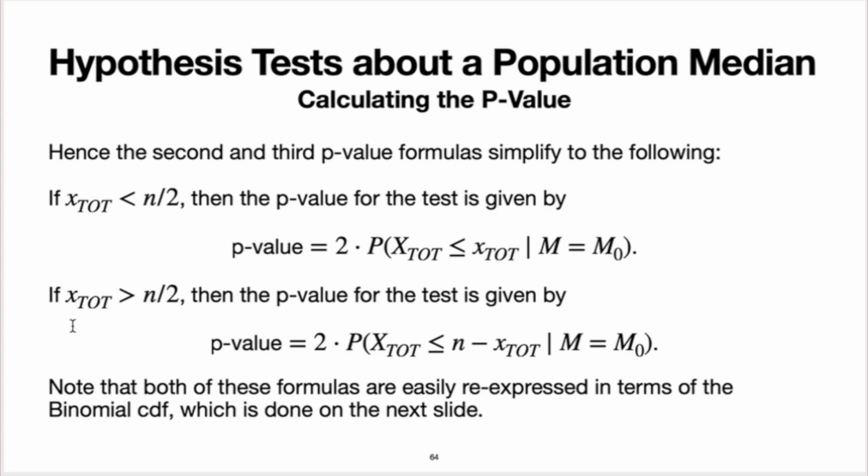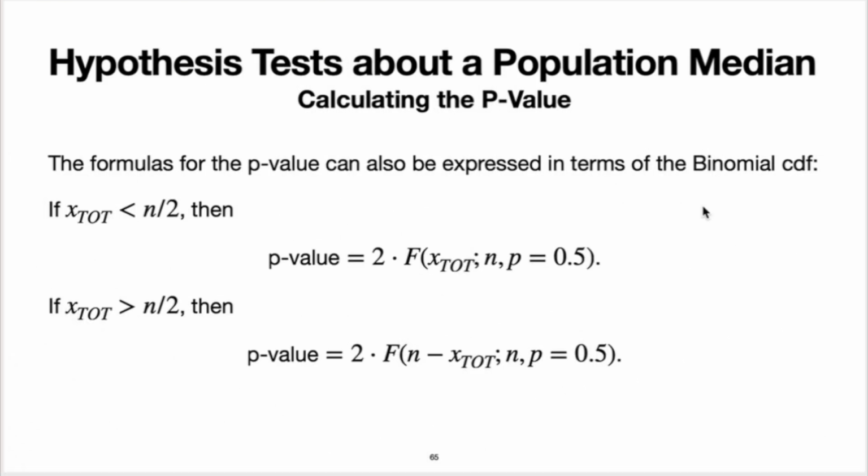If the observed value of x_tot is greater than n over 2, then the p-value for the test is given by 2 times the probability that X_tot is less than or equal to n minus the observed value of x_tot. Now, both of these formulas can be easily expressed in terms of the binomial CDF. And so let's take a look at that.